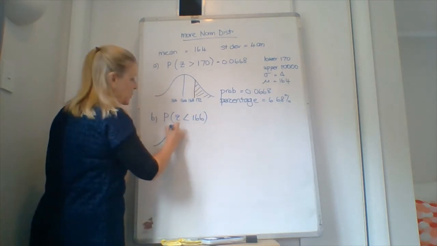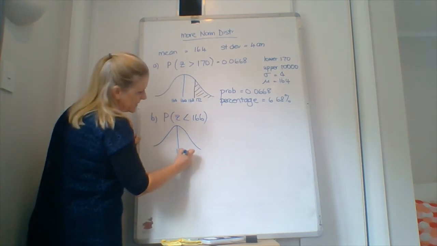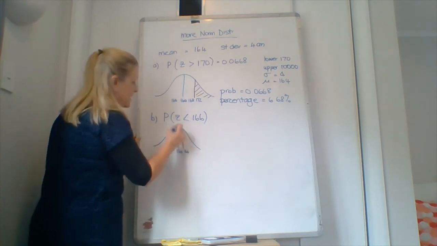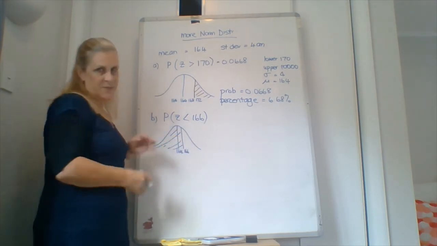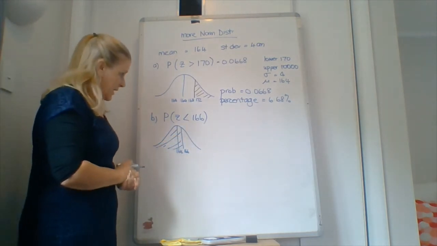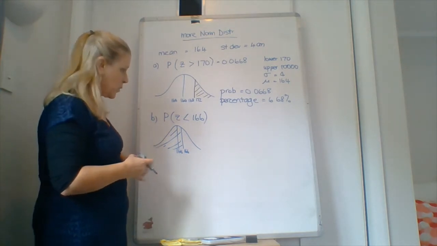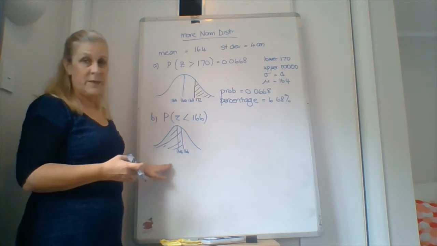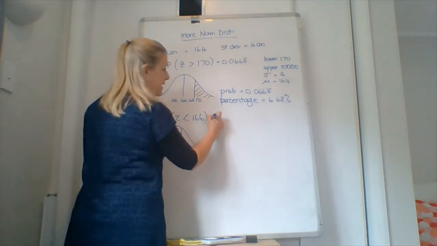First of all, I draw my picture. 164, 166 is just here. So I'm going to have 0.5, at least this half, and a little bit more. So I'm looking at probably around 0.58, or maybe even 0.6, of a probability that that's going to happen. So I'll put it into my calculator.